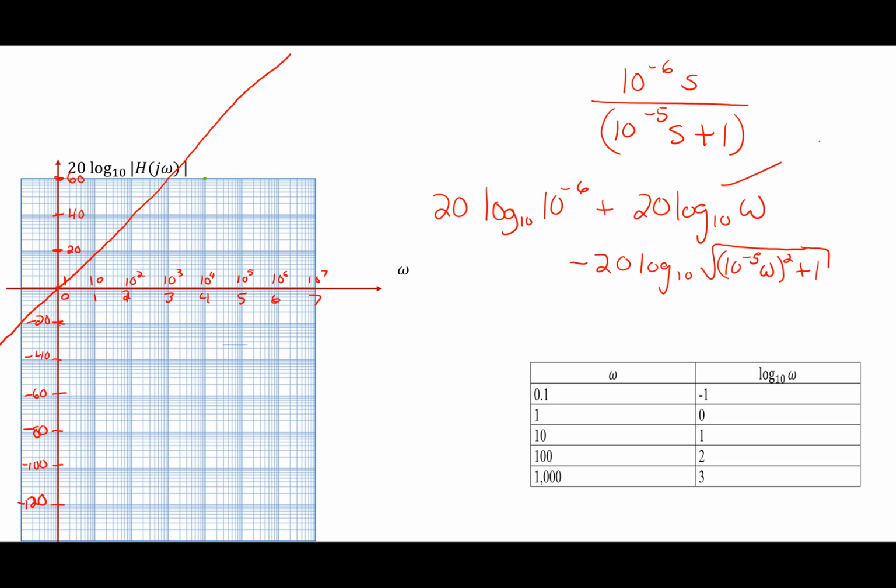Let's do the next one. Let's do this guy. This is a pole. What do we say for a pole? It's flat, and then it starts to fall. So it's flat until what point? 10 to the 5th. That's my break point, right? So he's flat.